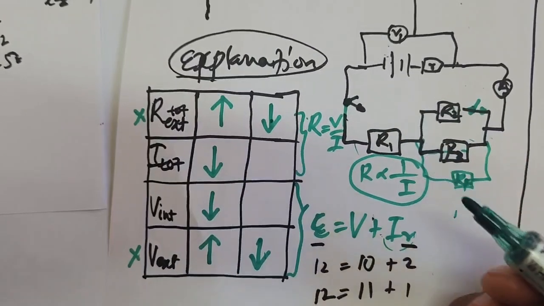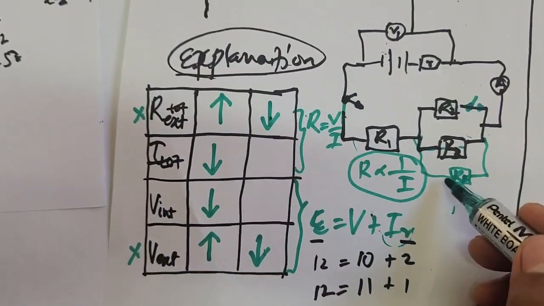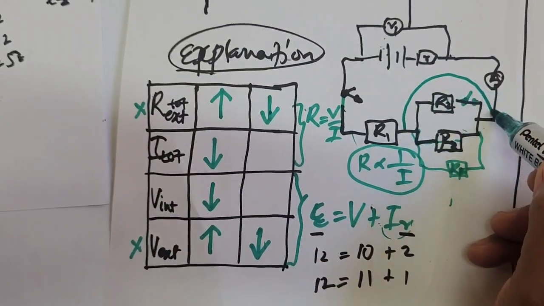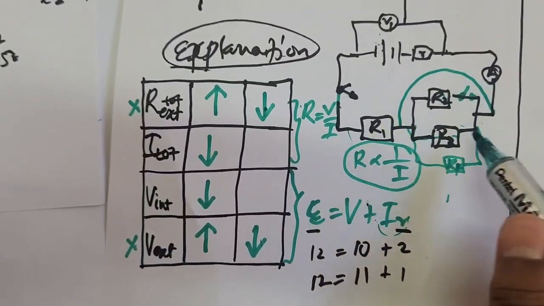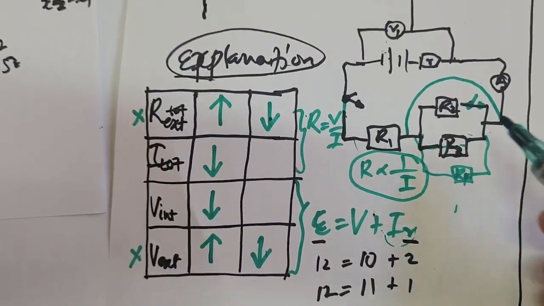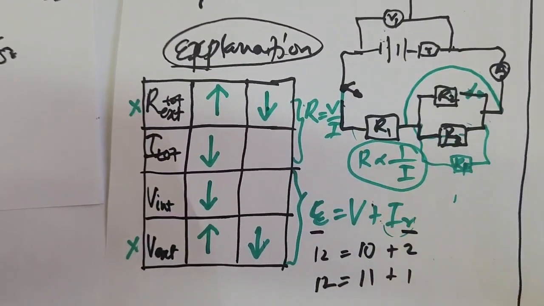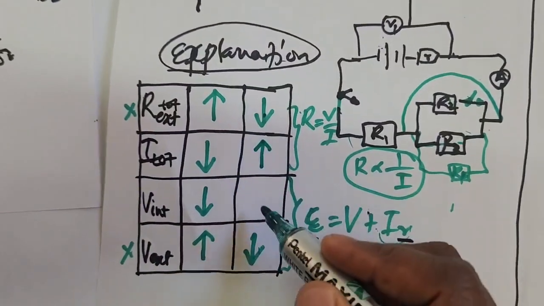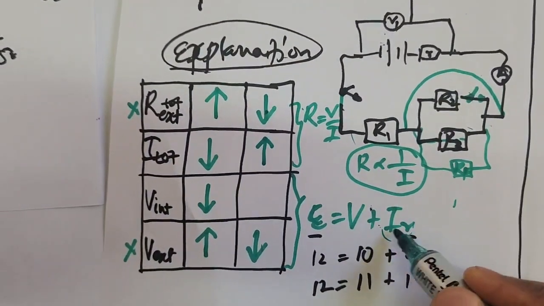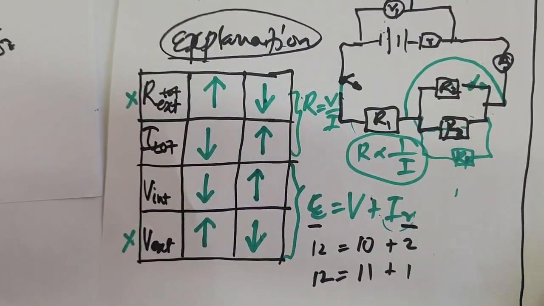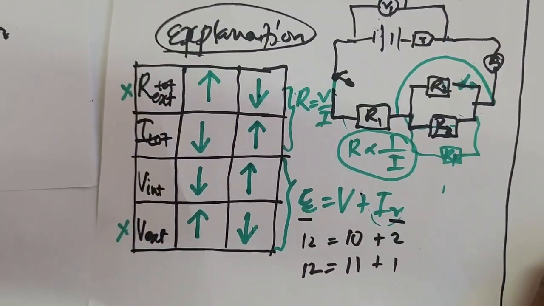An examiner can also say you connect a wire across this one. If you connect the wire, the effective resistance of the parallel will now be 0. So you decrease the total resistance of the circuit, then the current will increase. And if the current increases, the product of IR will also increase, which is the V internal or the lost volts. Then that is the explanation.